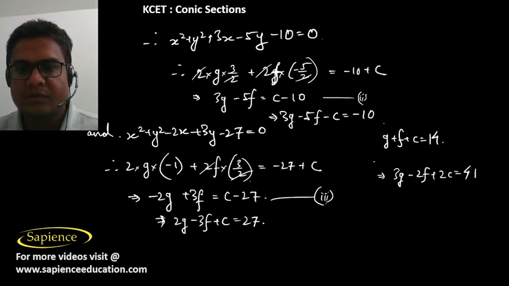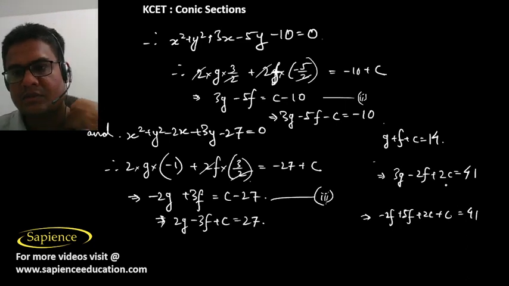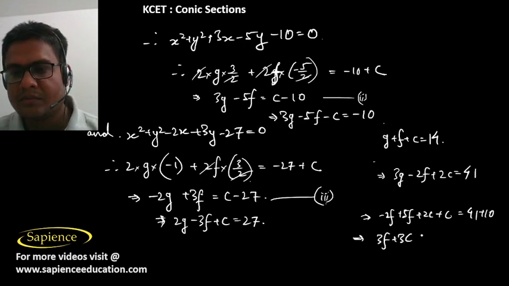So now these two if we subtract, then we will have minus 2f plus 5f plus 2c plus c, that is equal to 41 minus 10, that is 51. So it means that 3f plus 3c is 51.